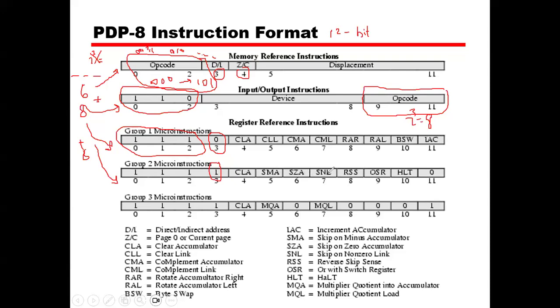1, 2, 3, 4, 5, 6, 7. This one is not our concern, not used. So there are 7 here. If it's all zeros, then he jumps to the next, 1111.